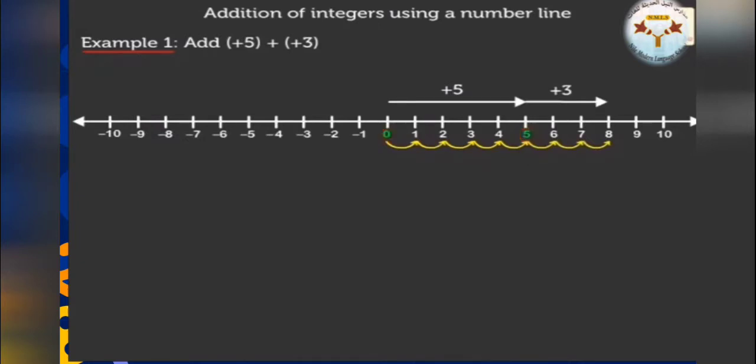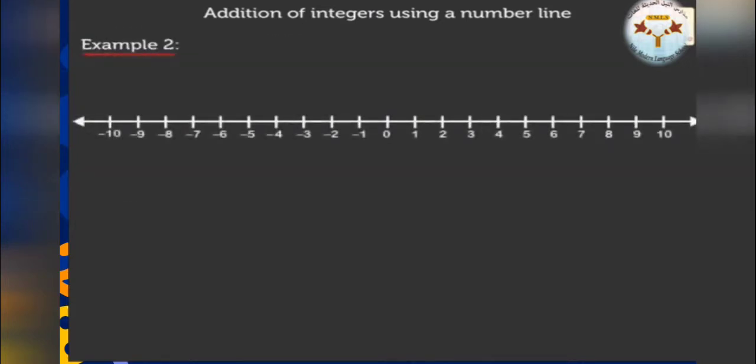This movement takes you to 8. So 5 plus 3 equals 8. So the sum of two positive integers is a positive integer.